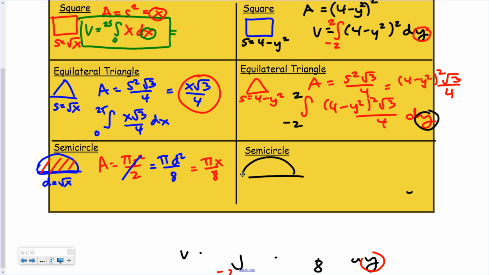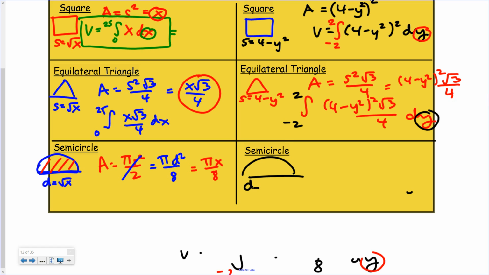Now here's the tricky part. What length am I looking at now, though? Am I looking at this side length? You see it's now a diameter. Is everybody good with that? So the diameter is going to be x minus x. Is everybody good with that? Let me go ahead and get this side value up here for this semicircle.